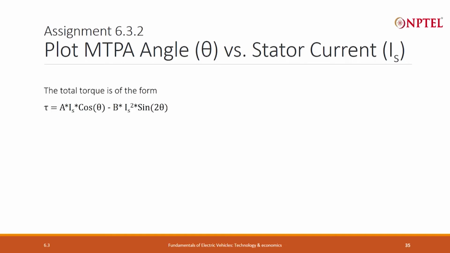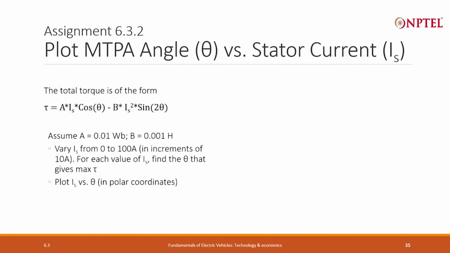We have seen that the total torque is magnetic torque plus reluctance torque. Magnetic torque is proportional to current into cos theta, and reluctance torque is proportional to square of the current into sin 2 theta. This is the generic way in which I can express the total torque. For a particular motor that we have in hand, let A be equal to 0.01 Weber.